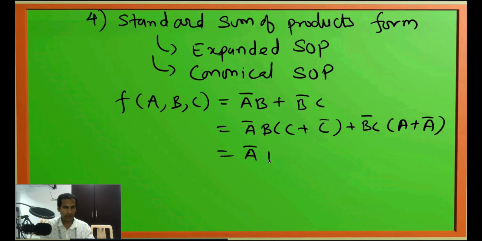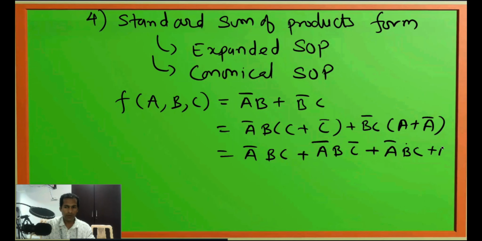This further we can write A bar BC plus A bar B C bar plus A bar BC plus A B bar C. Now a product term which contains all the variables of the function either in complemented or uncomplemented form is called a min term.